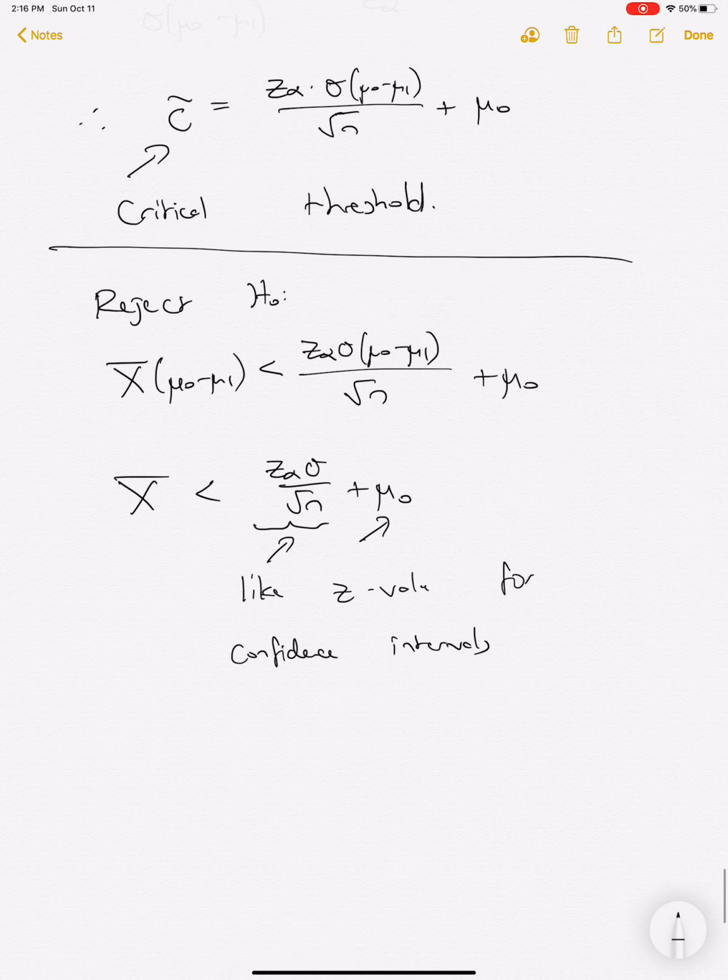And then for the case where the likelihood ratio depends only on x bar, theta 0 and theta 1 again.